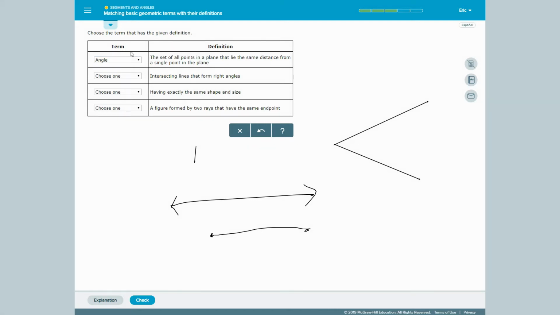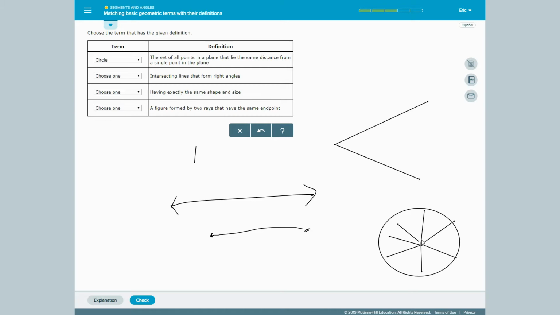And I think there's only one more. Oh, circle. Now it seems simple, but in geometry it's very specific. A circle is all points that are equidistant from a central point. What that means is if I measure the distance from this point to here or to here or to there or to any part of my circle, they would all give me back the same length.